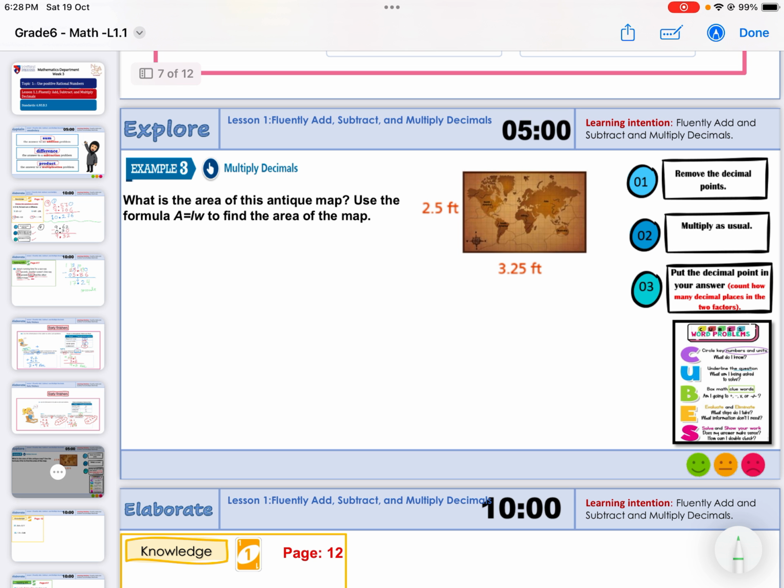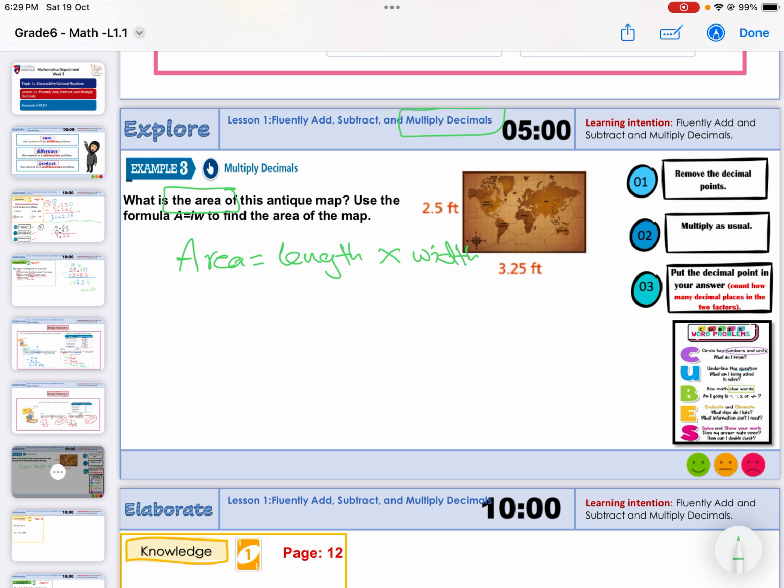Now, let's move on to multiplying decimals. Multiplying decimals is part of finding the product. In this lesson, we include area. We all know what the area of a rectangle is. Area is equal to length times width.